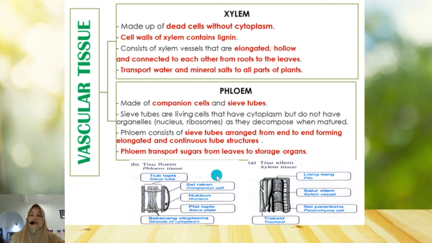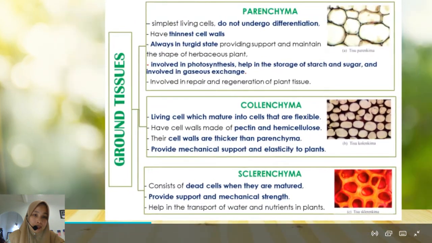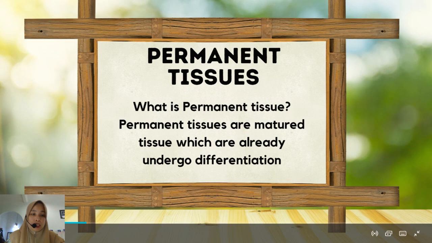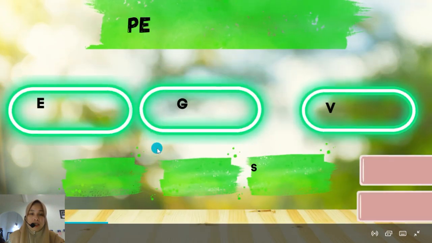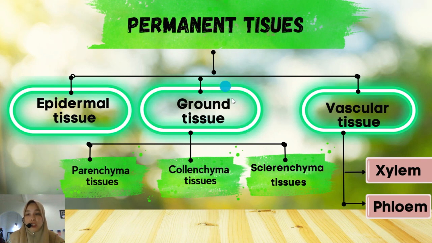That's all for our lesson today. Make sure you know the organization of the plant tissues. So I repeat: the permanent tissue can be divided into three: epidermal tissue, ground tissue, and vascular tissue.